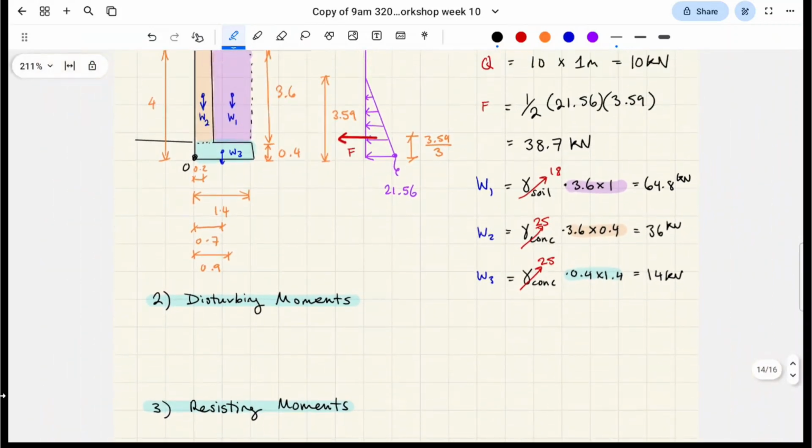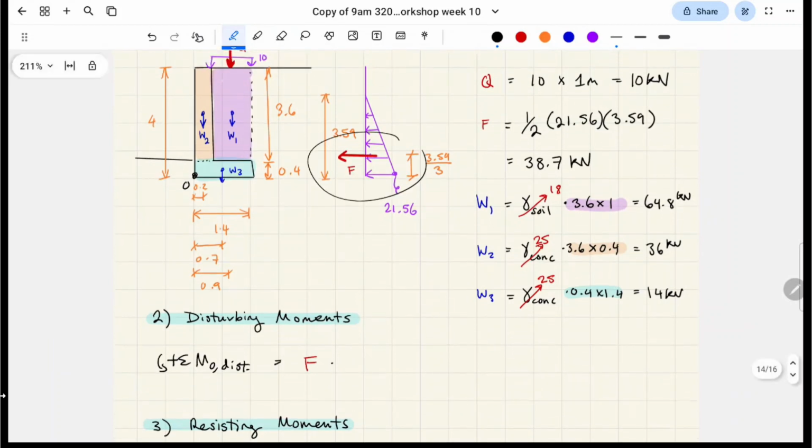Okay. So, disturbing moments are going to be our counterclockwise moments for this case. So we just group together all the counterclockwise moments. That's the force of the lateral earth pressure times its lever arm. Found was this 3.59 over 3.